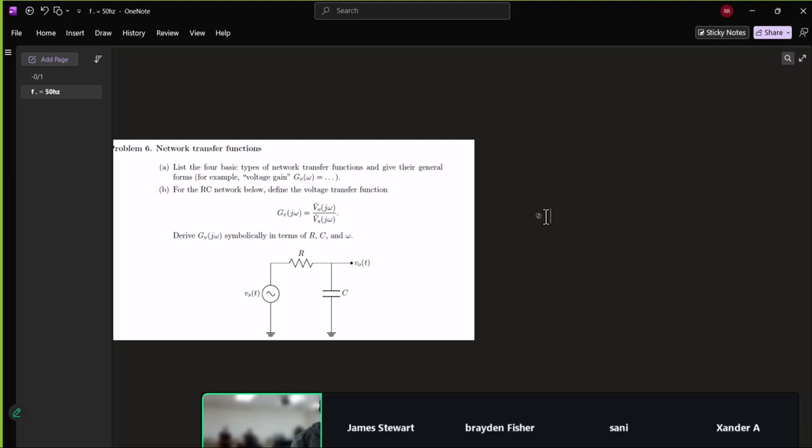Okay, so transfer functions, which is what you do in controls. You do a whole lot of transfer functions in controls. So you have a voltage transfer function, GV. Do you know what letters y'all use? Y'all use G or H?